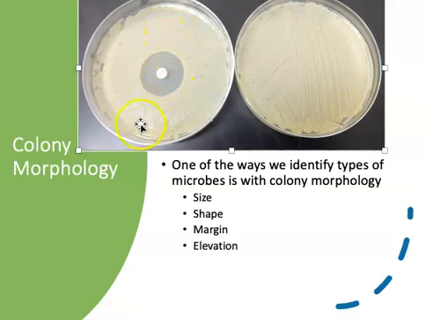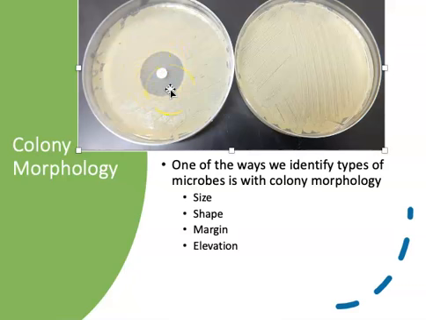What I want you to notice is that we did get a lawn of cells growing out here. Lots and lots and lots of cells crammed onto the surface of this plate, growing into this lawn overnight. But notice that there's a zone around that white disc where no cells have grown.